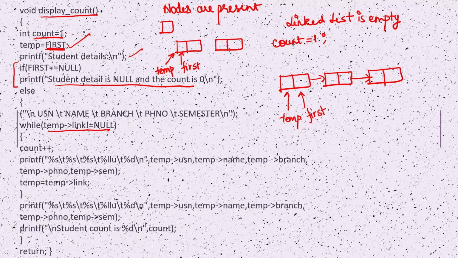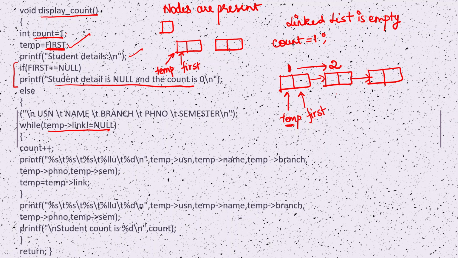Now, how do I go and count? First I will count this one. Initially count is here. First is equal to temp, so this is already counted. Now I have to take the control from this node to the next node. Somehow I have to move the temp from here to here so that I can count it.